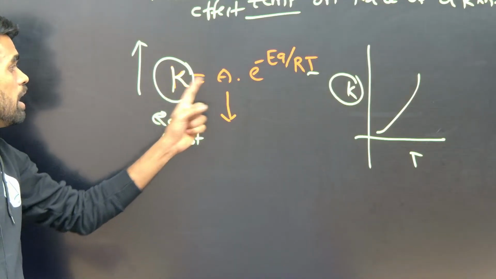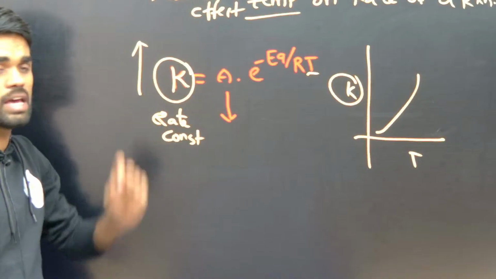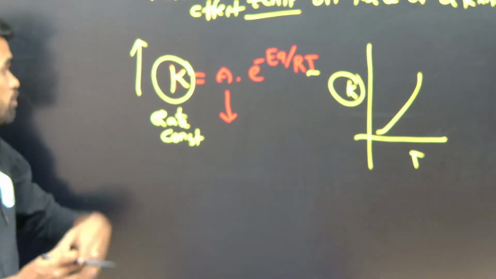Here Ea means activation energy, and T is temperature.